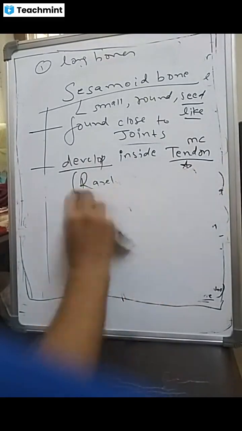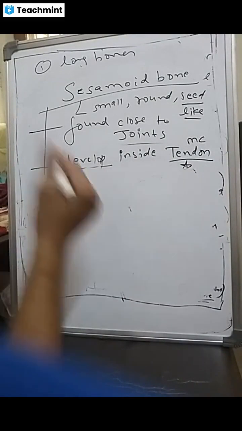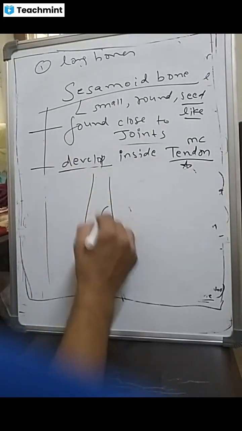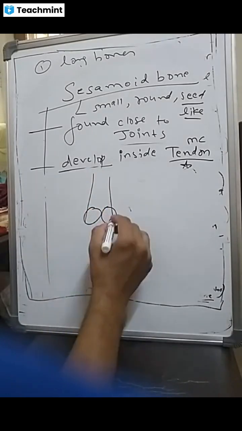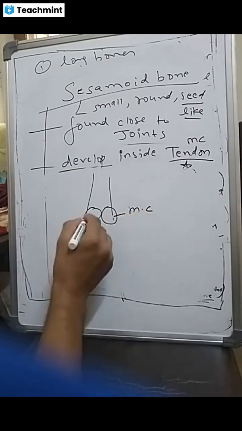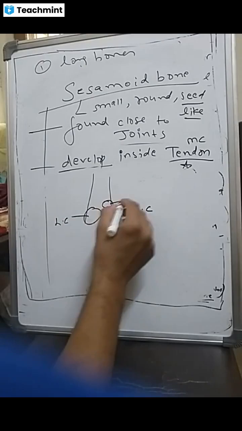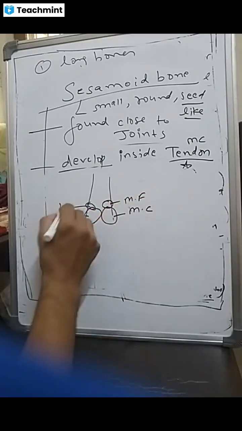What is the example? The back side of the distal femur. This is the medial condyle, this is the lateral condyle. Here you will find the medial fabella and lateral fabella.